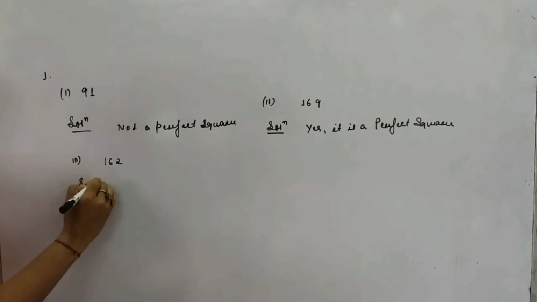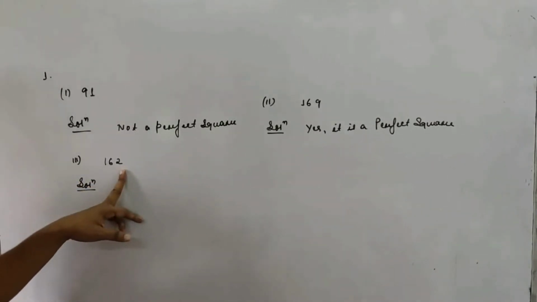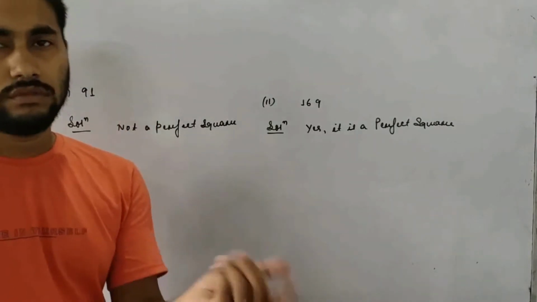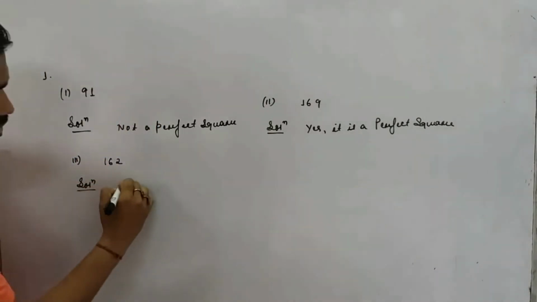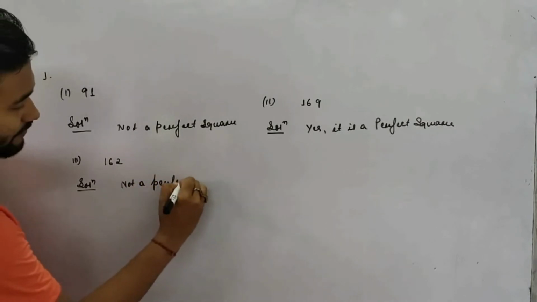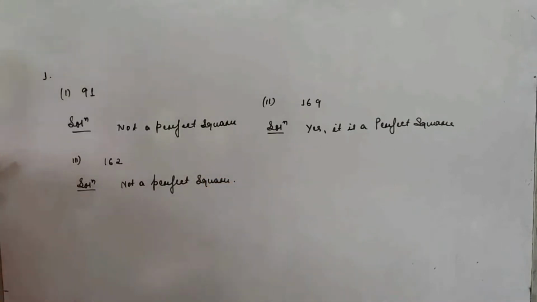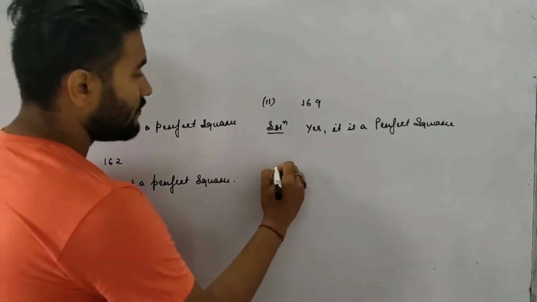Again you see 162, this one too clearly we can say it is ending in 2. If it is ending in 2, then it is not a perfect square.